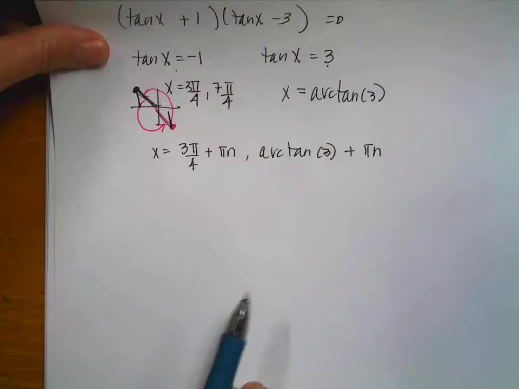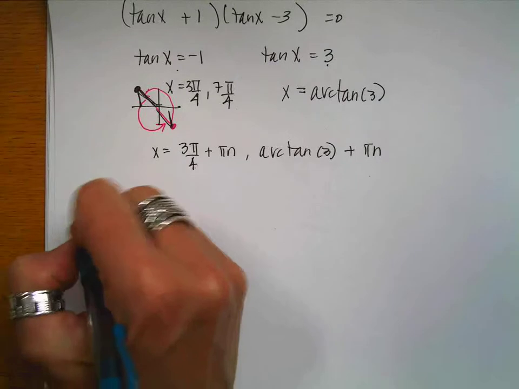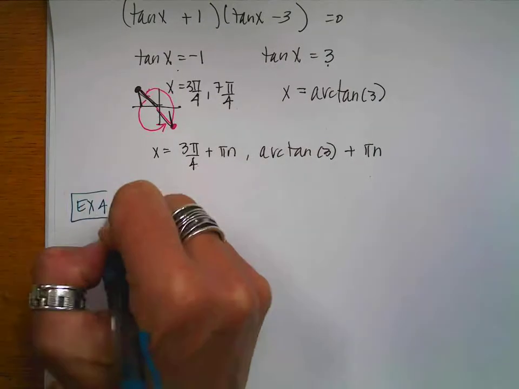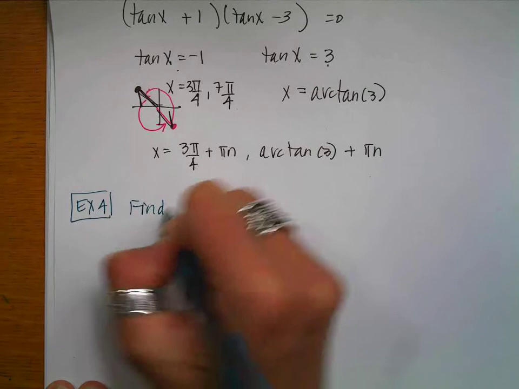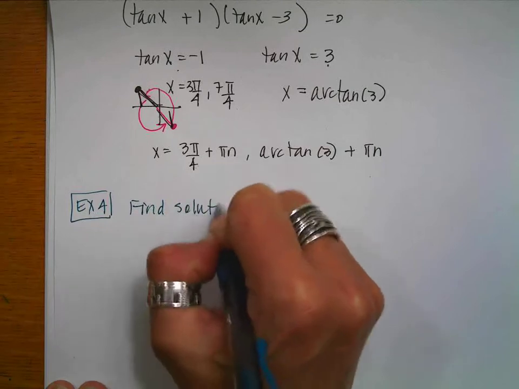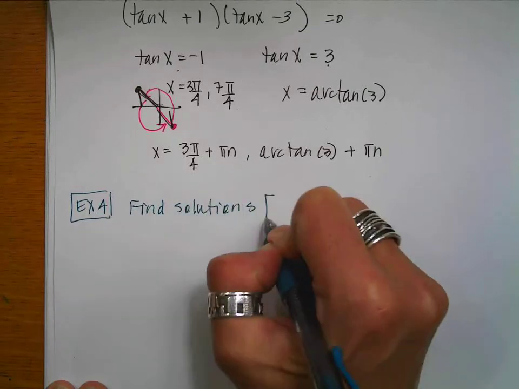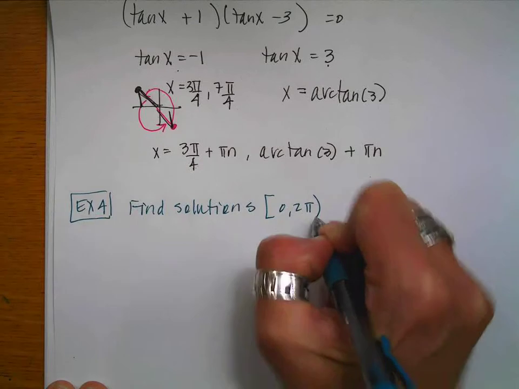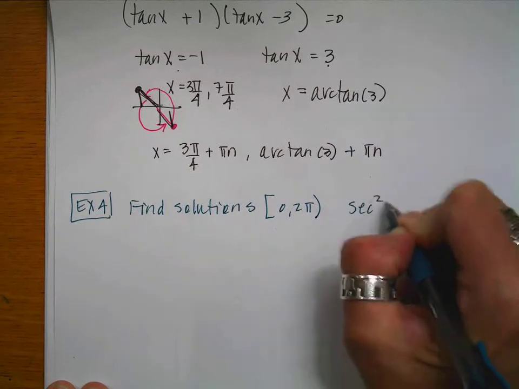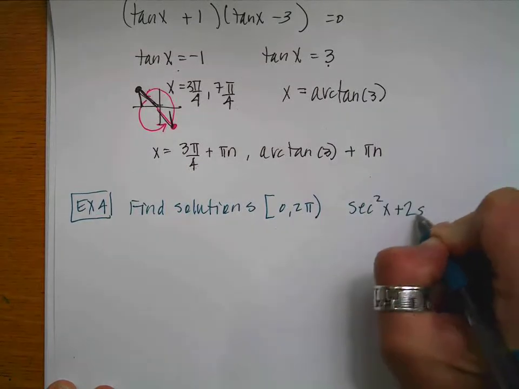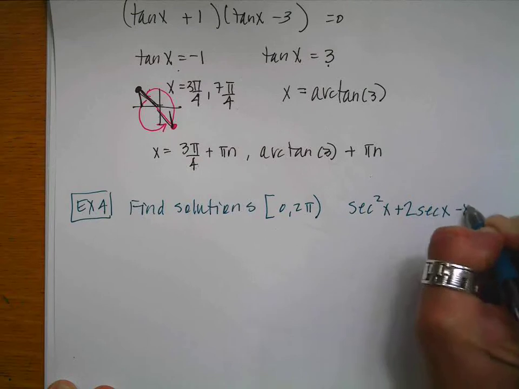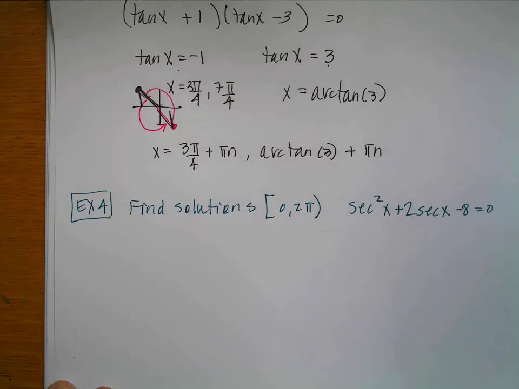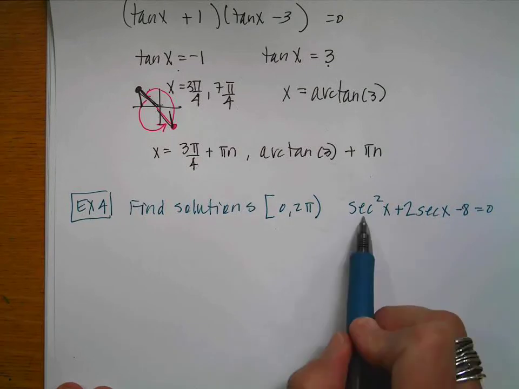Alrighty, let me move my paper up and we'll do example number 4. So this one's going to say, find the solutions. And on this one we're going to go from 0 to 2 pi. And I want secant squared x plus 2 secant x minus 8 is equal to 0. And again, factoring is our favorite F word.